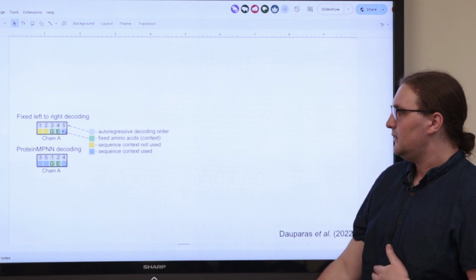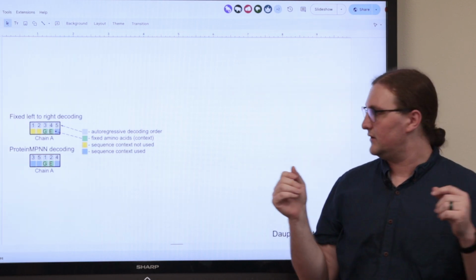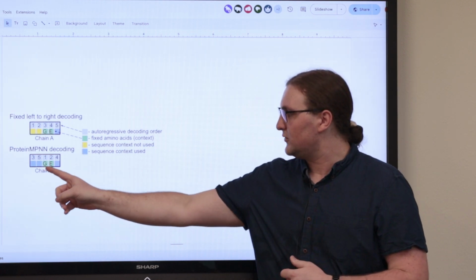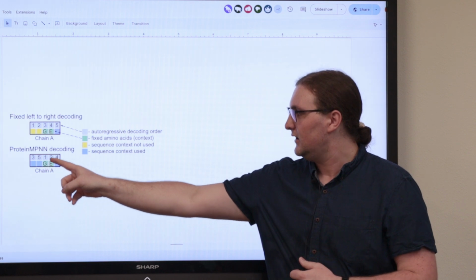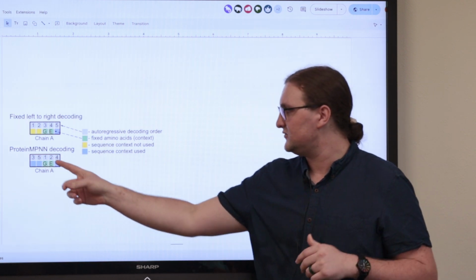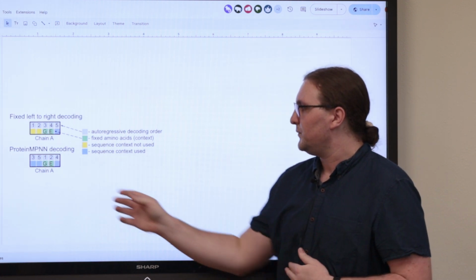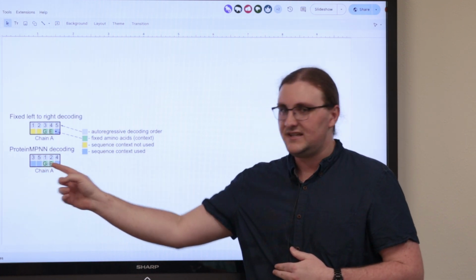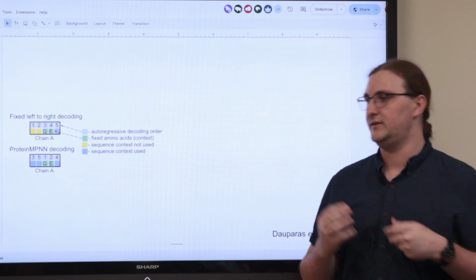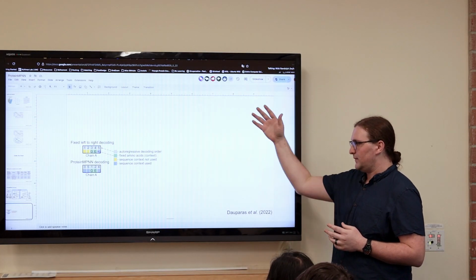And then in ProteinMPNN, it's based on everything around it. So this residue would be able to see these two. Because they're fixed, they're assigned a decoding order first. So they're essentially told to decode first, but then automatically assigned to be the native. And then this residue is able to see the context of the other residues, and so it's able to make a better prediction because it already has those amino acids fixed.